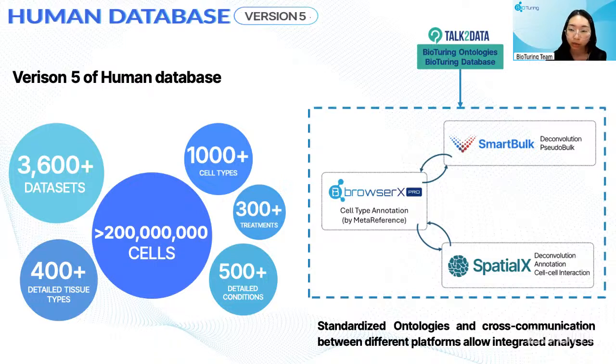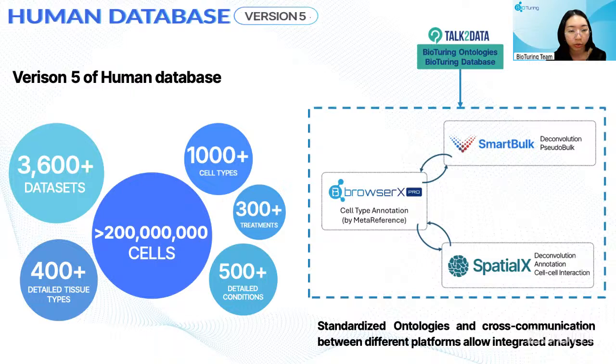One of the greatest benefits to this single cell database and these standardized ontologies is that we're able to integrate it into our other apps: SmartBulk, which analyzes bulk RNA sequencing data, bBrowser X Pro, which analyzes your own internal single cell sequencing data, as well as SpatialX, which analyzes spatial data. So utilizing these ontology terms, you're able to integrate these apps and connect them in this way.